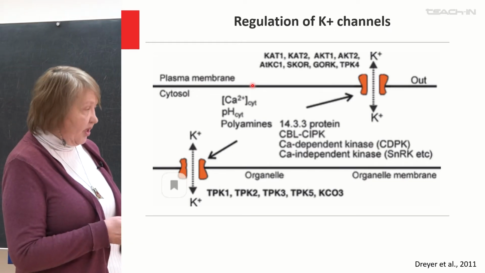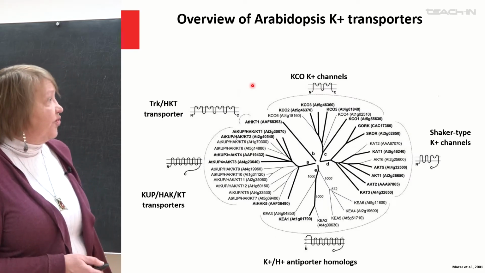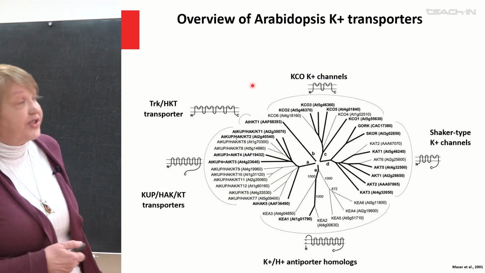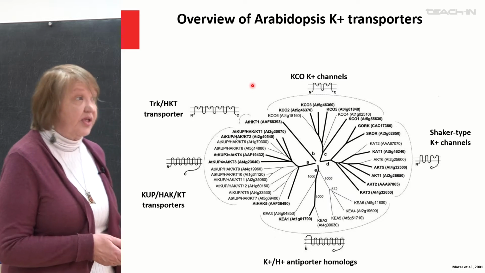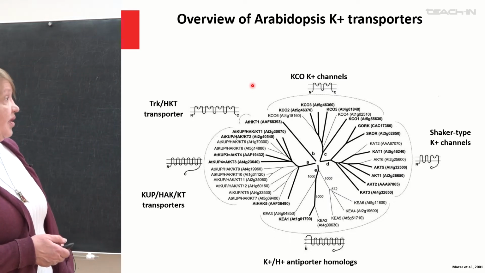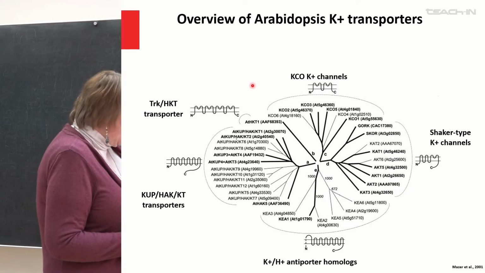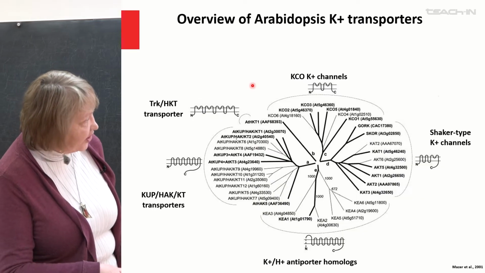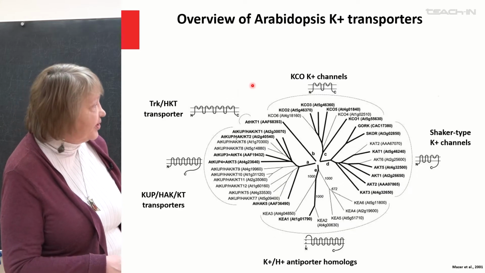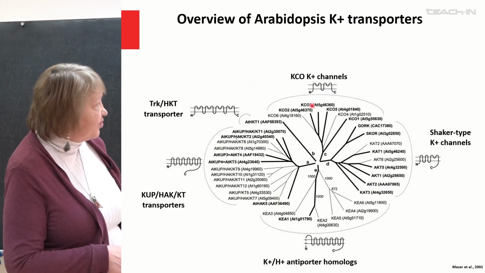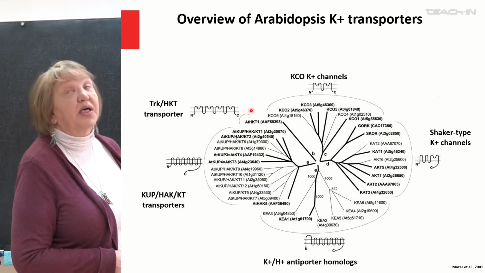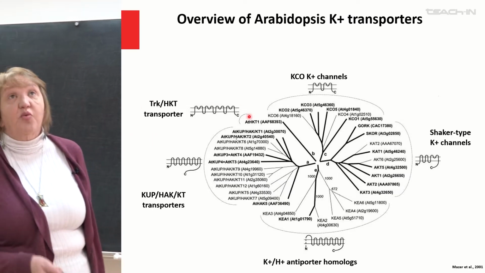So these are all cellular transporters in Arabidopsis. This is actually an example of Arabidopsis transporters. So here is the family of shaker type potassium channels, KCO potassium channels, HKT TRK transporter. In Arabidopsis there is only one.